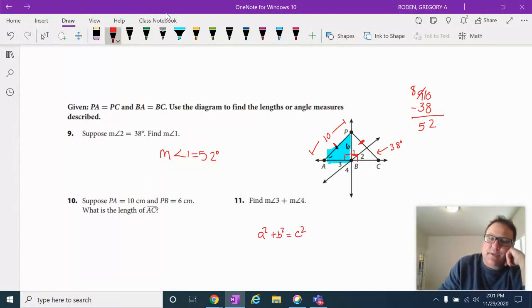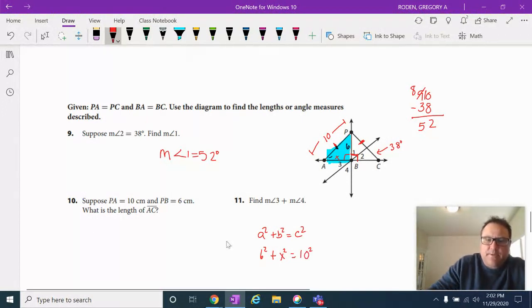In this case, we know that PB is 6, so 6 squared, plus, let's make this an x right here. x is the distance between A and B. So x squared equals, and then c is the hypotenuse, which is AP, 10. So that's 10 squared.